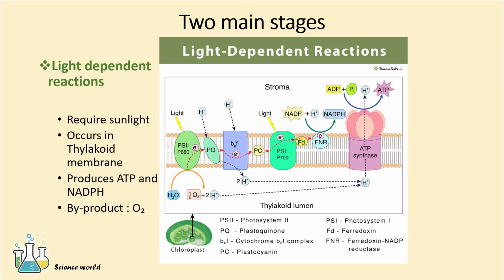In the thylakoid membrane you can see two special structures known as photosystem 2 and photosystem 1. Other than those two, some special molecules known as plastoquinone, cytochrome B6, plastocyanin, ferredoxin, ferredoxin NADP reductase and ATP synthase can be observed.